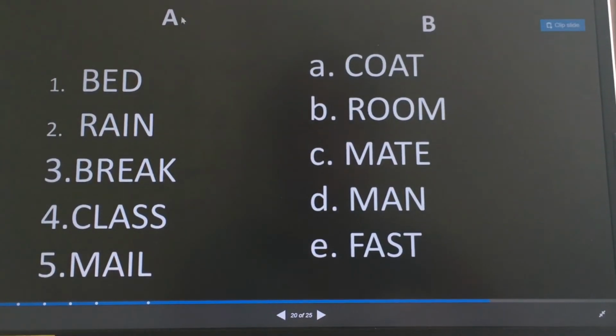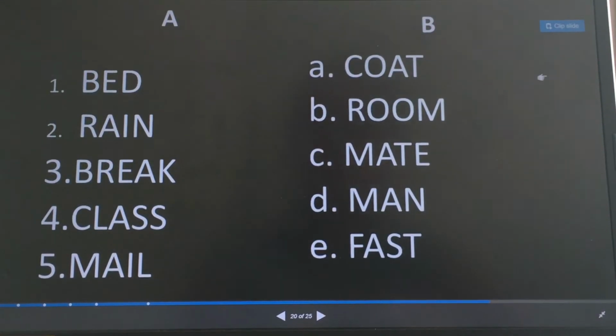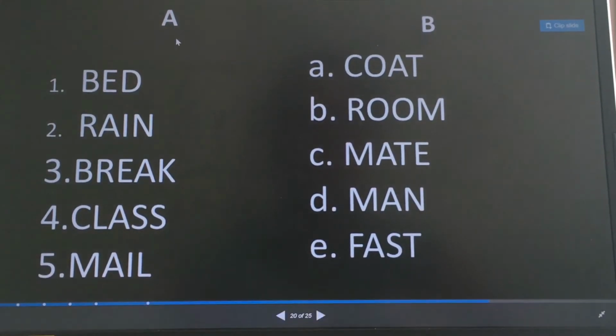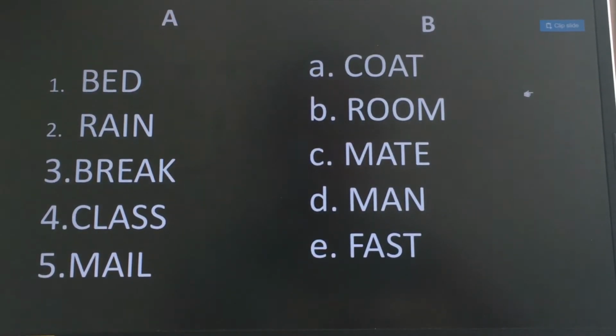We have here column A and column B. You have to choose one word from A and then one word from B. What compound word can you make?